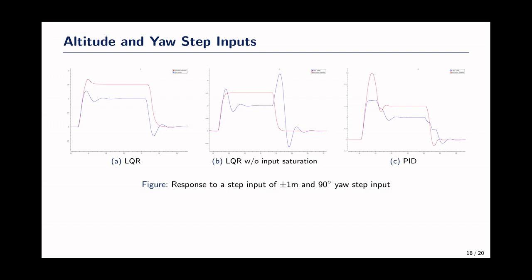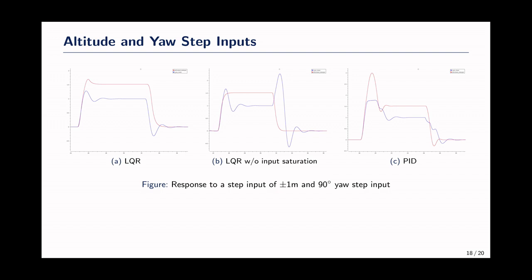The LQR and the LQR without input saturation perform very similarly, except for on the step down. In the middle plot, you can see that when we step down from 1 meter to 0 meters, and from 90 degrees yaw to 0 degrees yaw, we have this big jump in our altitude.